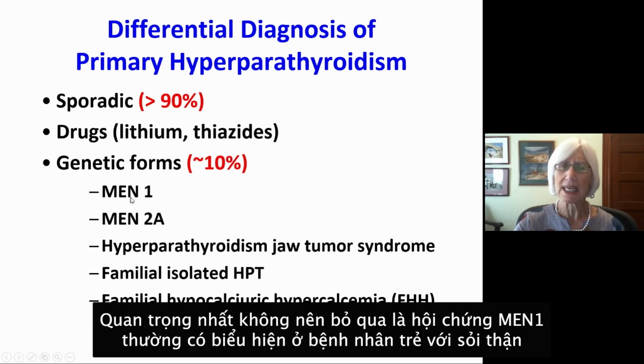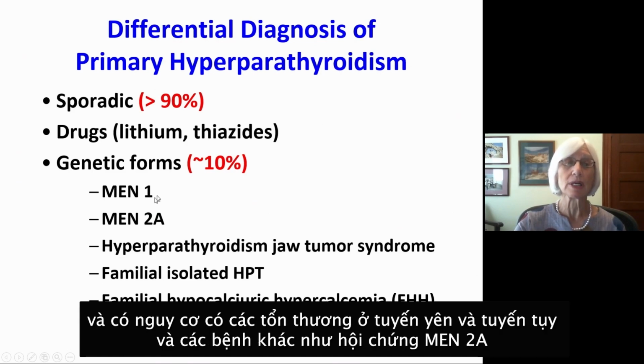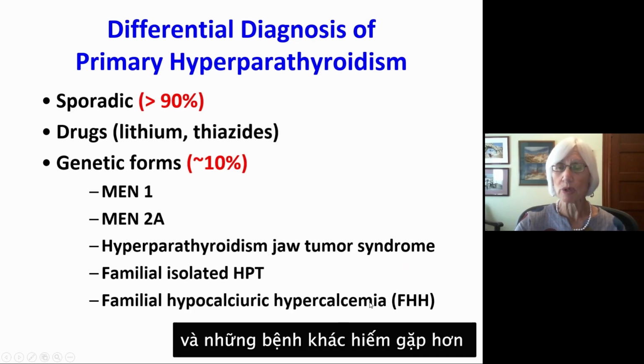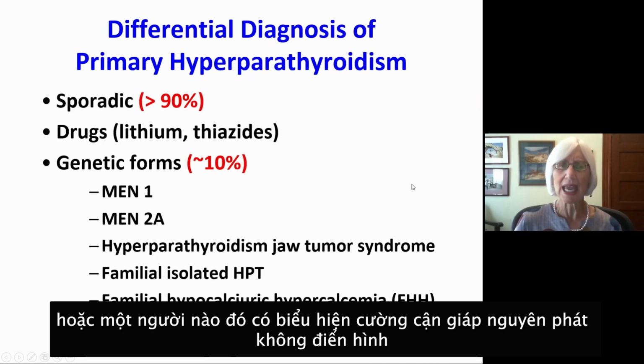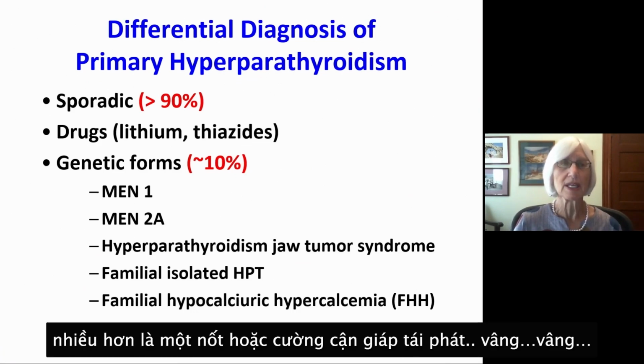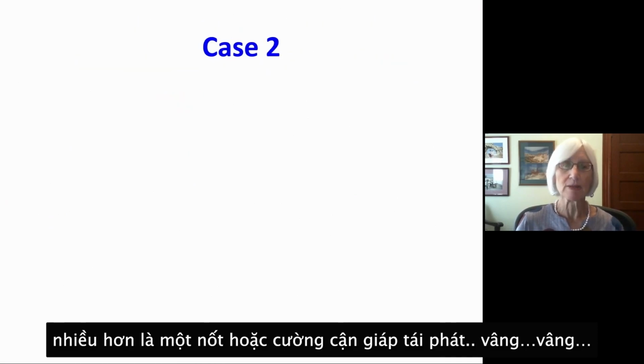These often present young with kidney stones, primary hyperpara, and are at risk for pituitary and pancreatic lesions and other diseases. MEN2A and these others are more rare, but always think about these in a younger person or someone who presents with atypical primary hyperpara, more than one nodule, recurrent hyperpara, etc.